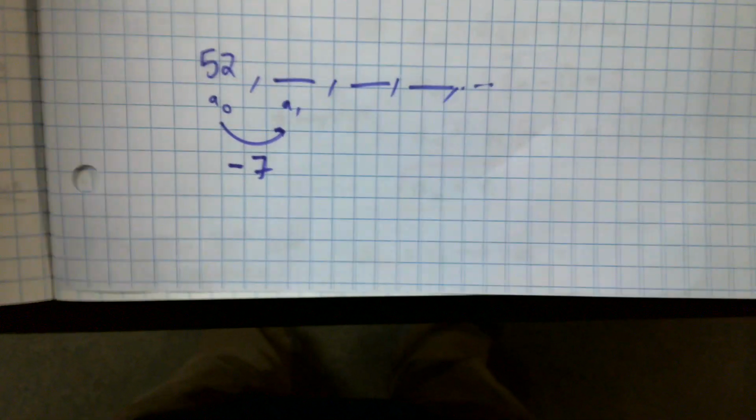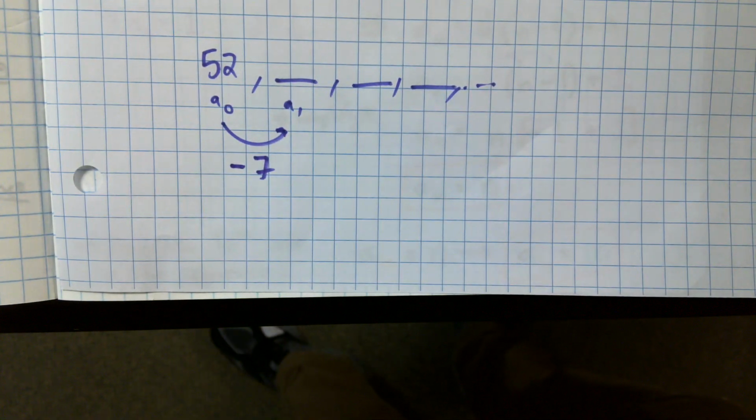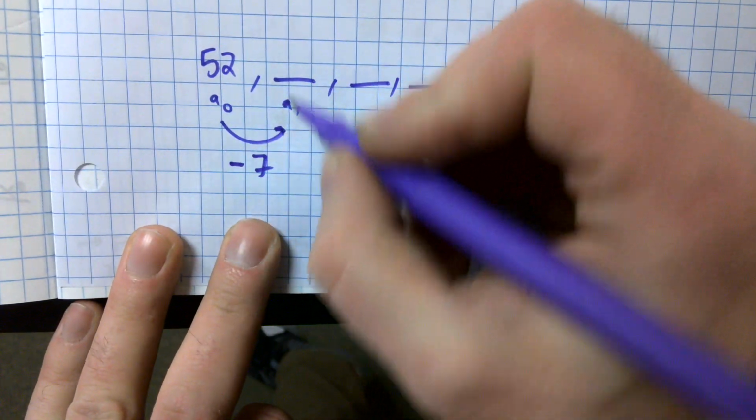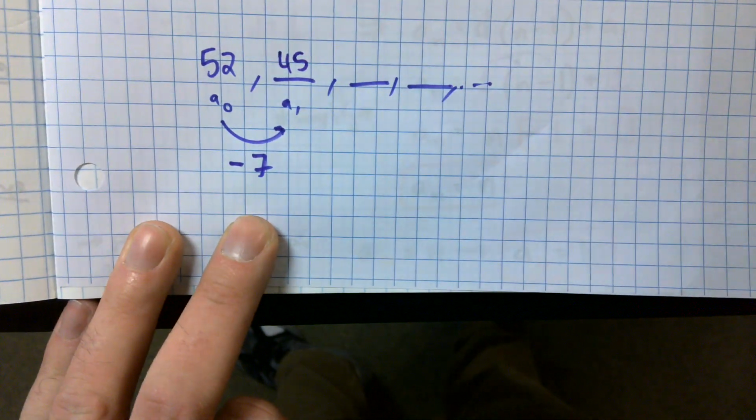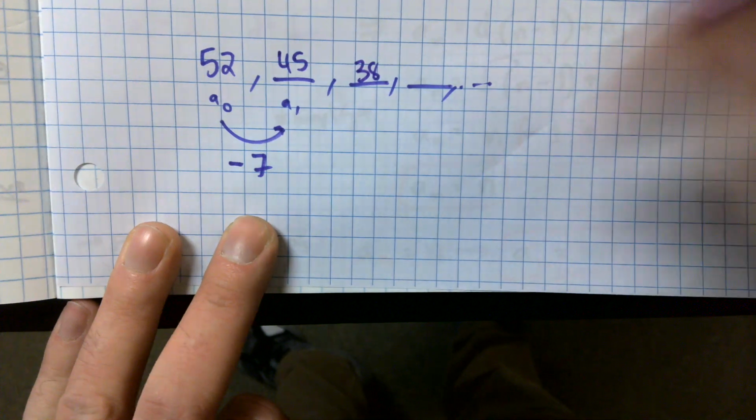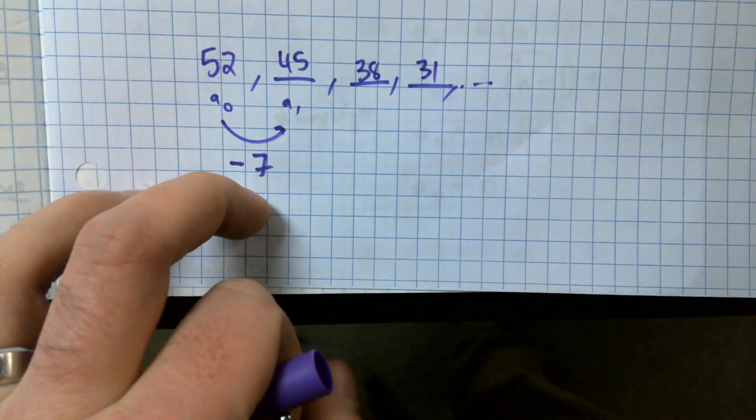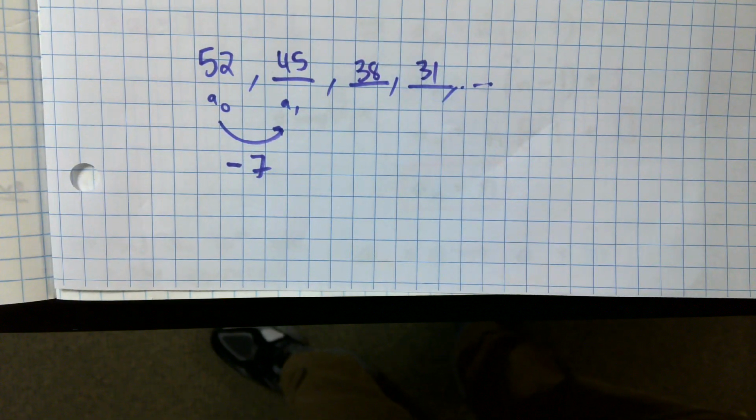Let me drop this down. What would a sub 1 be? 45, right? I take 52, subtract 7, I get 45. Then it would be 38. Then it would be 31. And we're going all the way down, subtracting by 7, right?